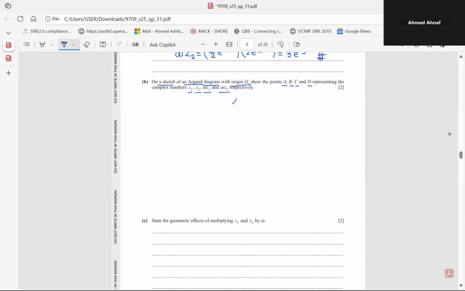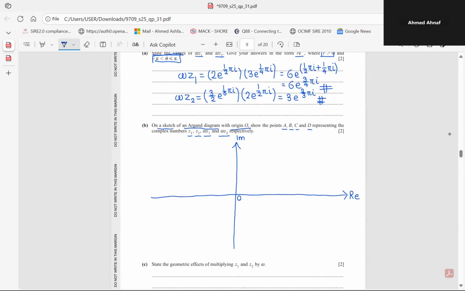So let's sketch the axes first. Use the whole space provided. So the horizontal axis is your real axis, and the vertical axis is your imaginary axis. And the center point is your origin.